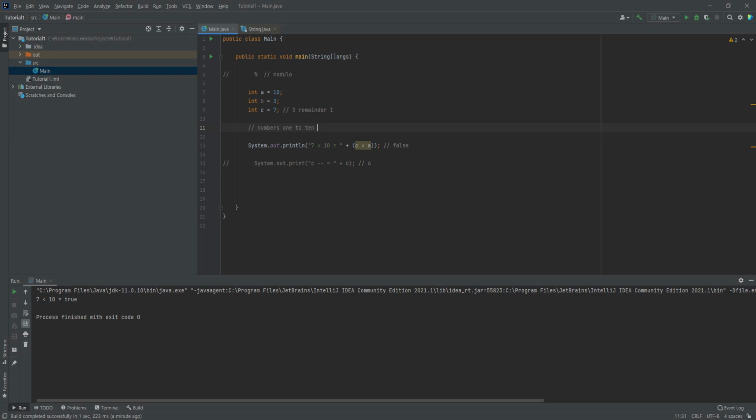Let's assume that 1 is incrementing every time: after 1 it becomes 2, then 3. We want to know if they are true or false until it reaches 10.